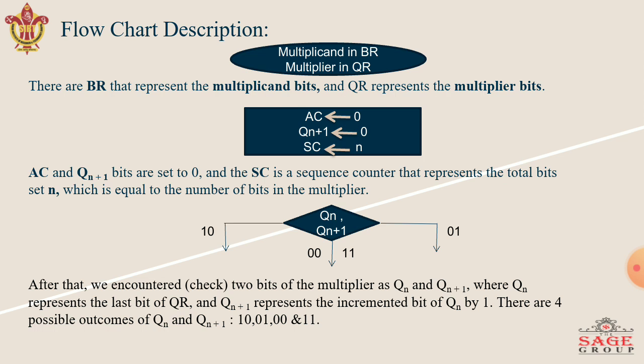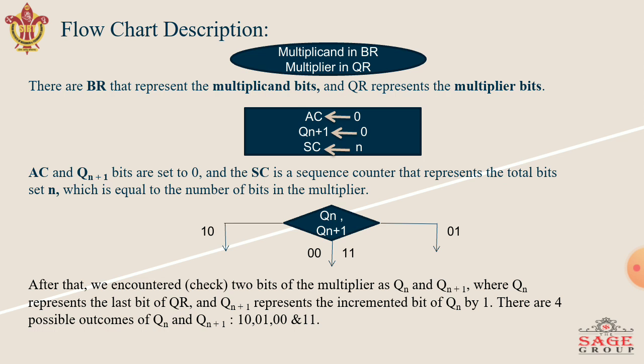After getting all the values of BR, QR, AC, Qn plus 1, and SC, we check the value of Qn and Qn plus 1 and perform the operations accordingly.